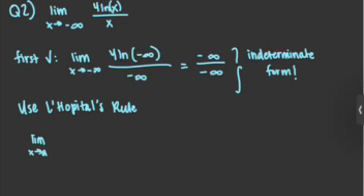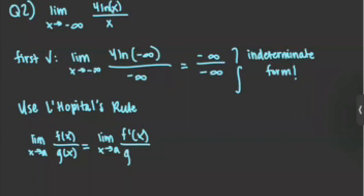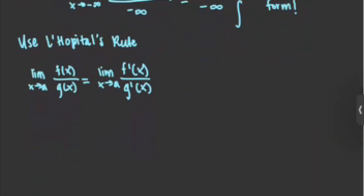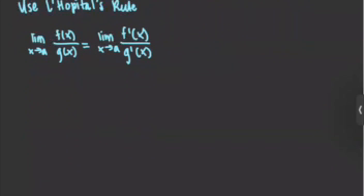So, we're going to use L'Hopital's rule. Again, as a general rule, we're always going to write out the rule before we start the equation, just to make sure we do everything correctly.